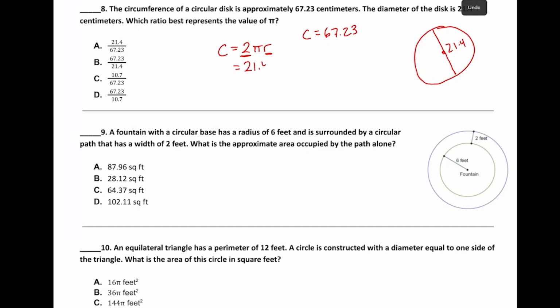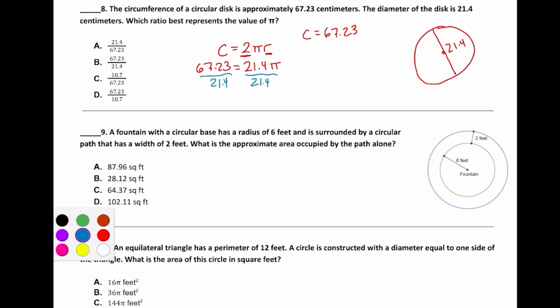So this is 21.4 pi. The circumference here is 67.23. So if we're trying to find an estimate for pi, we can divide both sides by 21.4. When I do that, I'm going to get pi is approximately equal to, and really this is an approximation, so I don't want to say it equals.